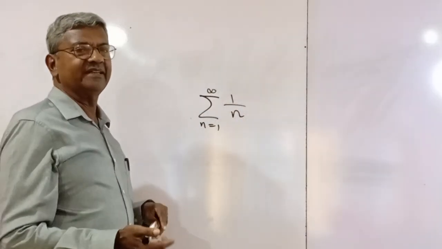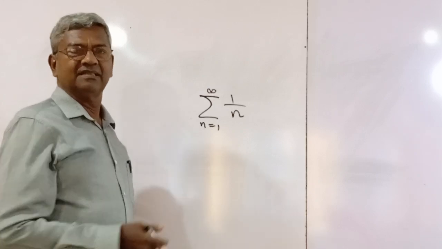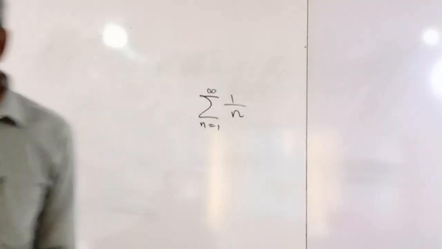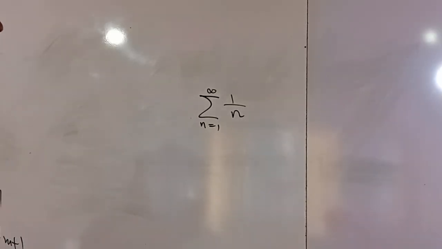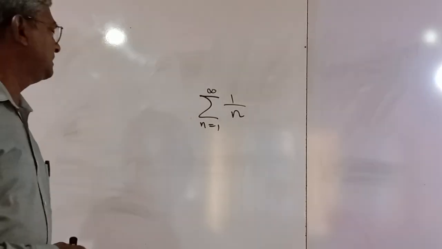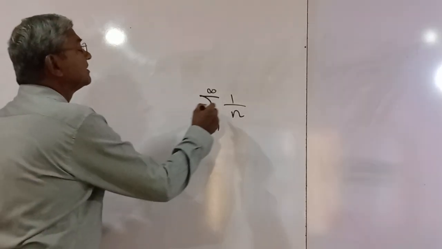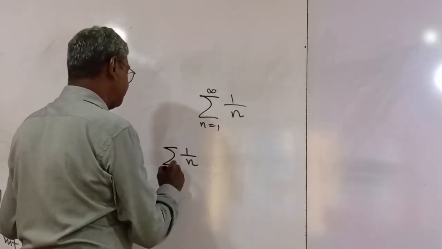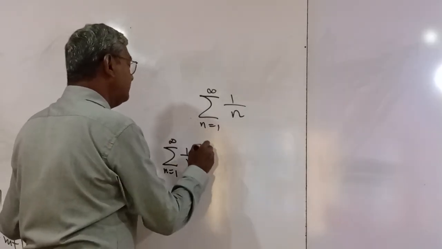Since it is not strictly greater than 1, this one diverges. So this is a very important one, because we can prove sigma 1 over n diverges without this test.